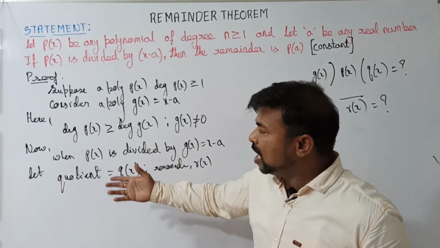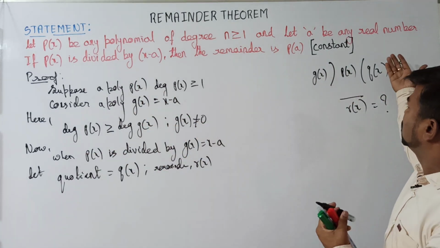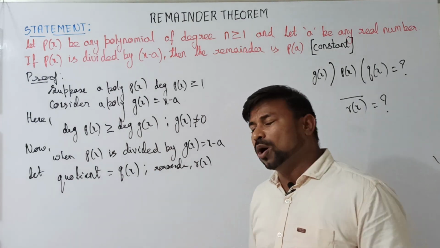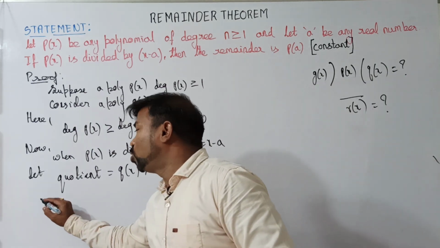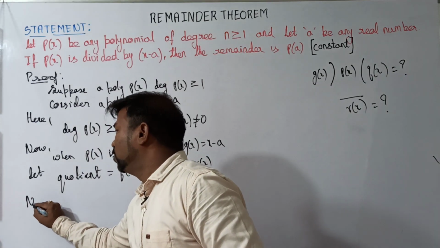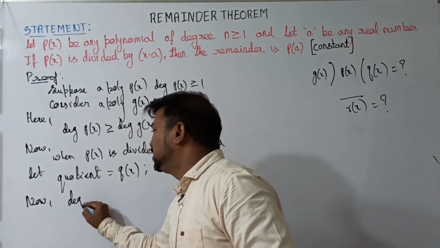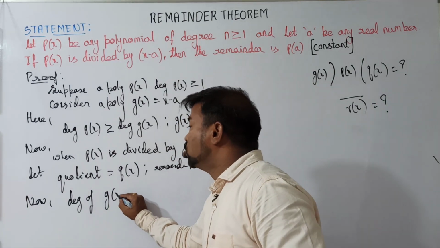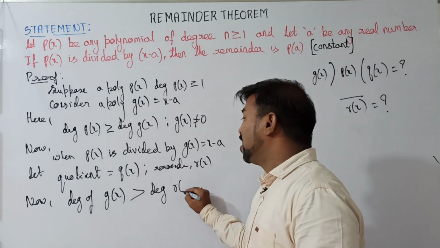Now, when p of x is divided by g of x, what is the quotient and what is the remainder? Let us consider the quotient as q of x and the remainder as r of x. Now, one more point to be noted. The degree of g of x should be greater than the degree of r of x.